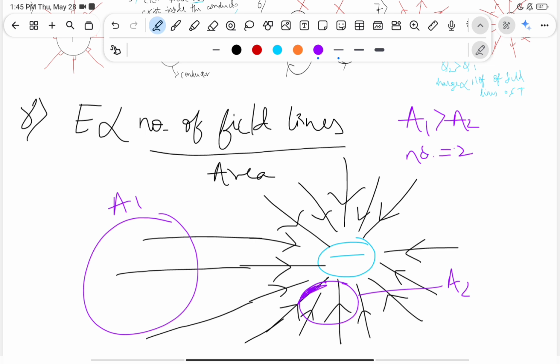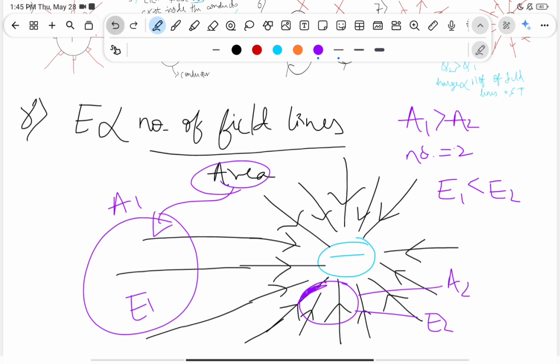If the number is equal to 2, then where is the electric field greater? As area is greater at 1, then, since it is inversely proportional, the electric field E1 and E2, what is the relation? Electric field at 1 is less than electric field at 2, because area is greater and the number of field lines is equal at both points.